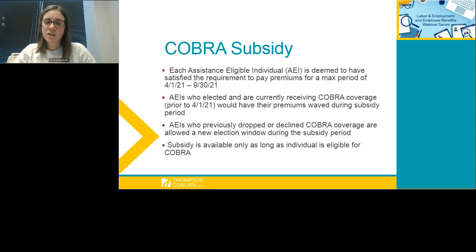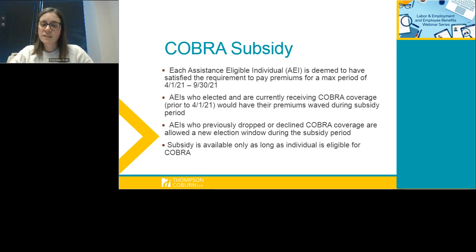So looking a little bit more at how this works, each assistance eligible individual, so anyone who meets those requirements, is deemed to have satisfied the requirement to pay the premium for as long as April 1st through September 30th. Those who were eligible and elected and are currently receiving COBRA coverage prior to April 1st, 2021 would also have their premiums waived during the subsidy period.